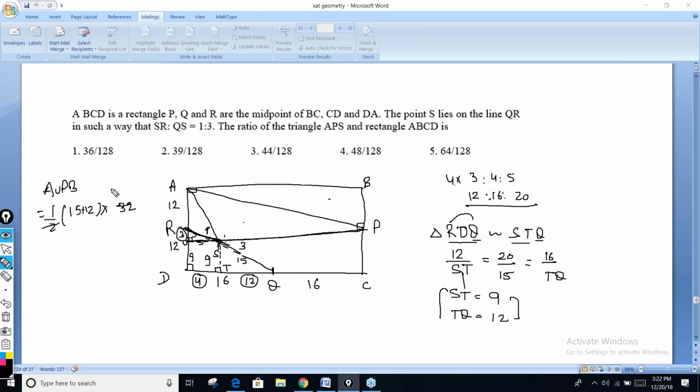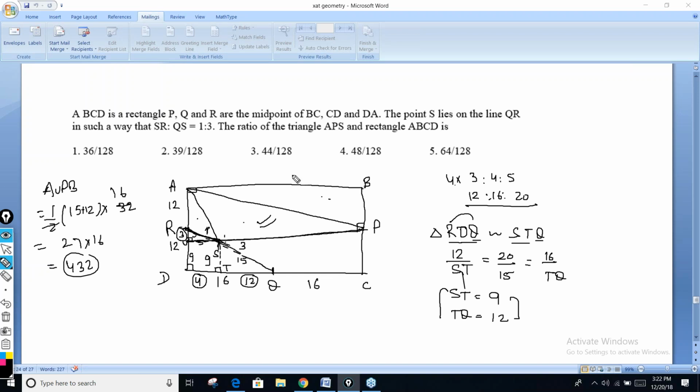Let me check whether I'm missing something. That is 27 into 16. That is 320 and 112. That is 432. The area of this part, AUBP, I'm getting is 432. If I subtract the area of this part and this part, I'll get the area of this triangle, right?